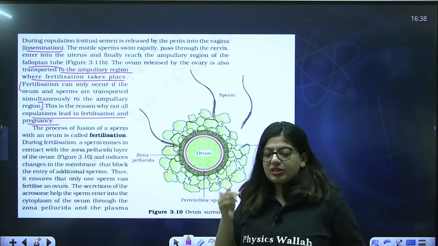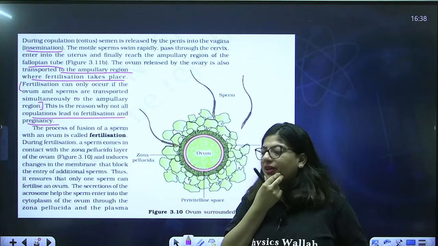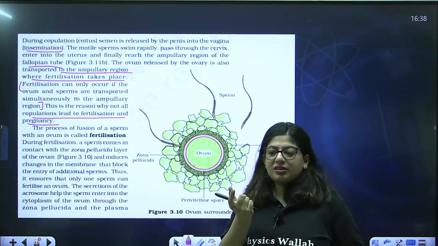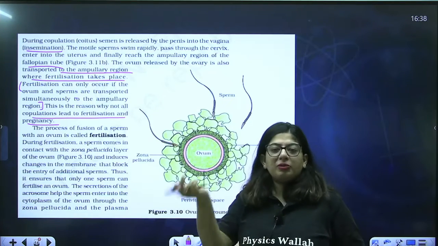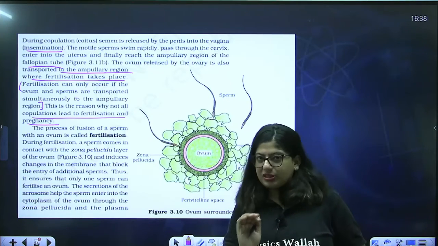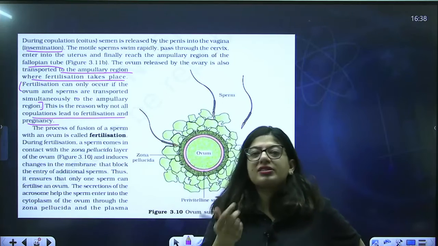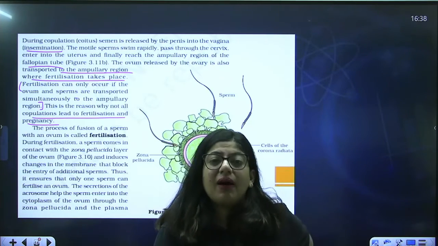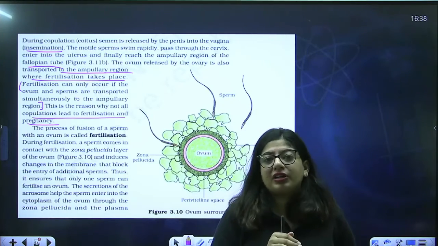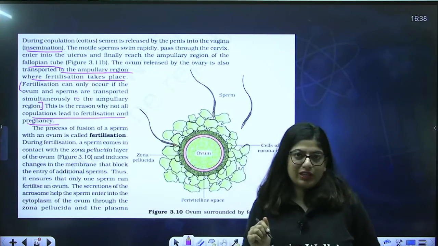In the movies it is always shown that there is a one night stand or sexual intercourse and the female got pregnant. It's not in all the cases. This can also be true, I'm not denying. This can also be true that in just one sexual intercourse a female gets pregnant, but it's not in the majority of cases. In majority of cases, not all the copulation leads to fertilization.